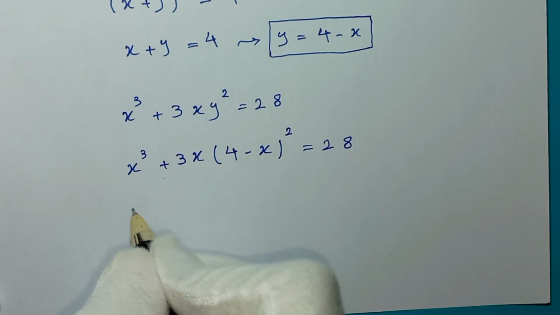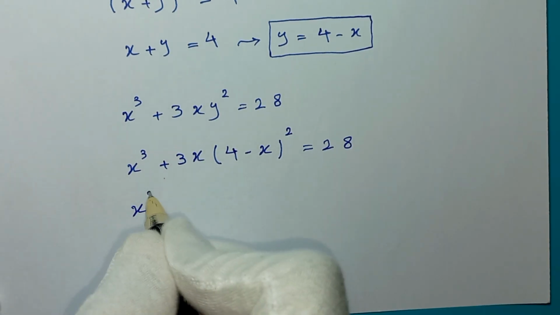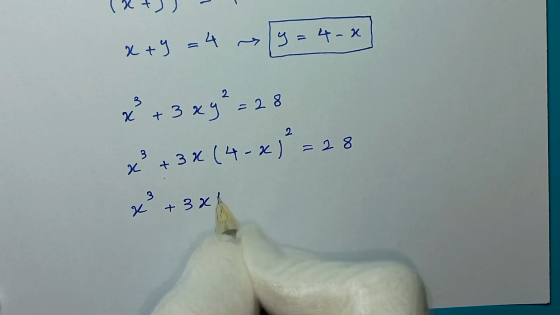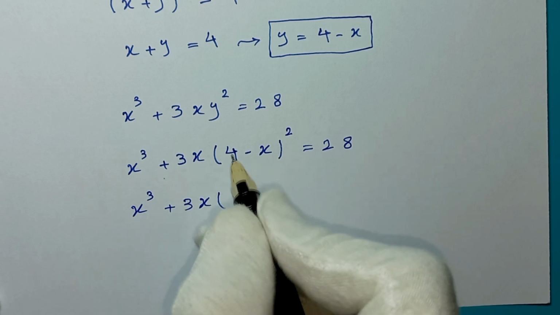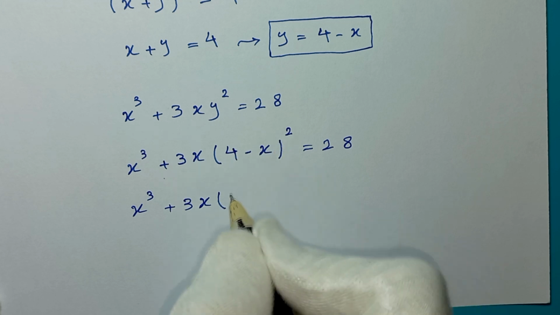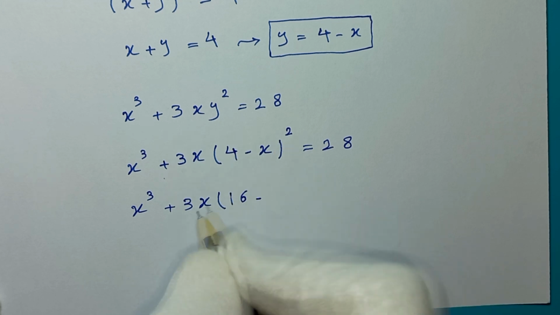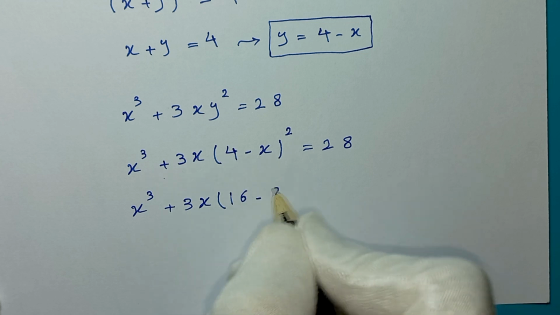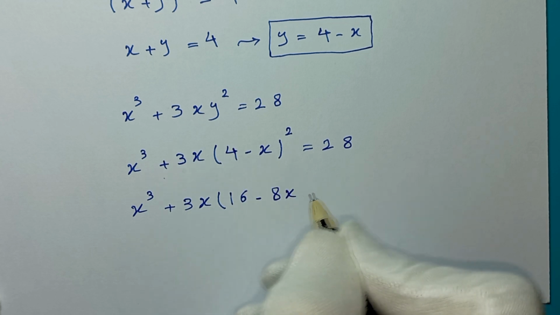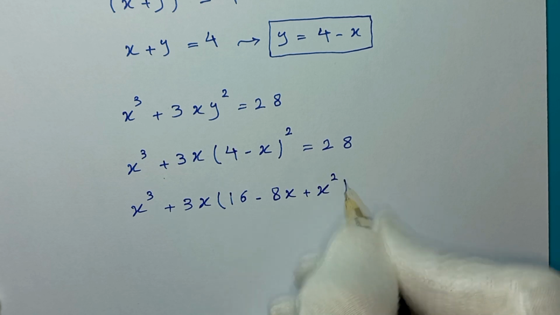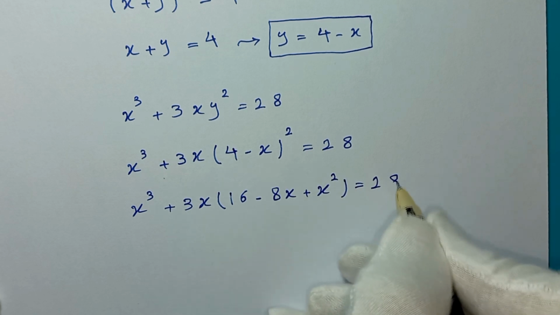And it will be x cubed plus 3x times, here, 4 minus x to the power of 2 is 4 to the power of 2, which is 16, minus 2 times 4 times x, which is 8x, plus x squared, is equal to 28.